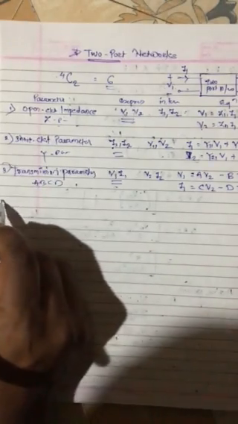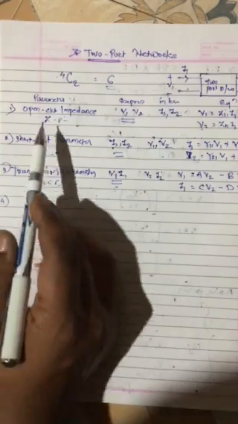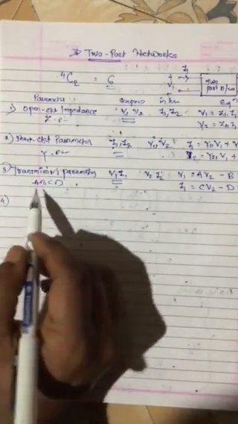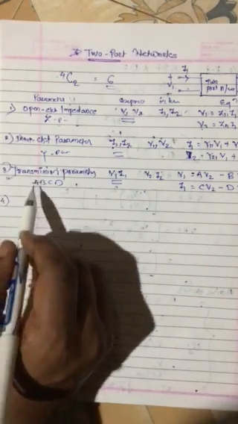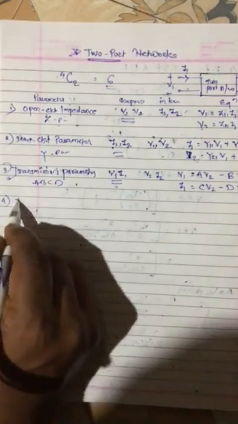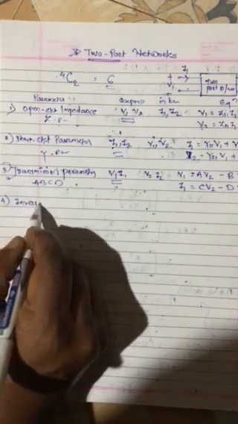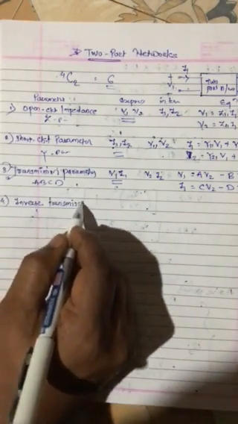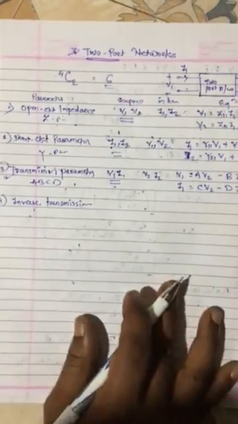Now the next parameter. For your syllabus, it is open circuit, short circuit, transmission, and lastly hybrid. But when we deal with transmission, there is another parameter, that is inverse transmission. For your knowledge I am explaining this.